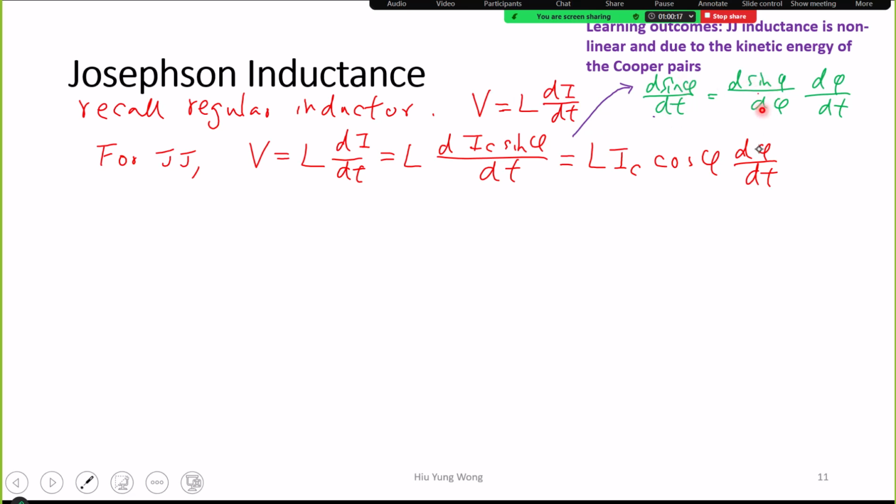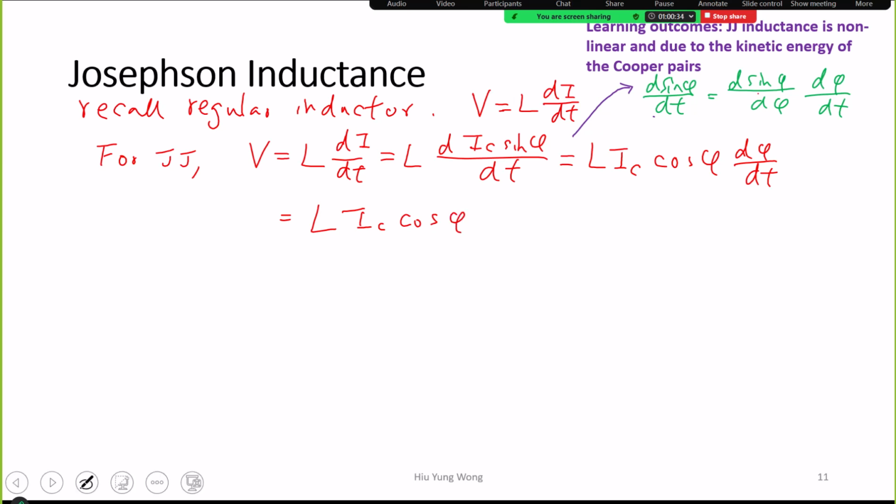So d sine phi/d phi is cosine phi, and then d phi/dt. Then I continue. This is equal to L IC cosine phi d phi/dt.